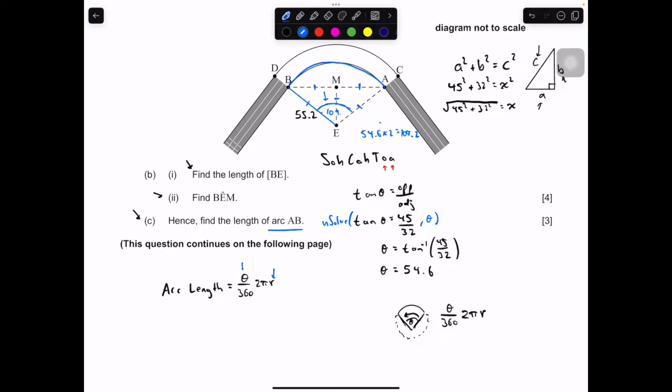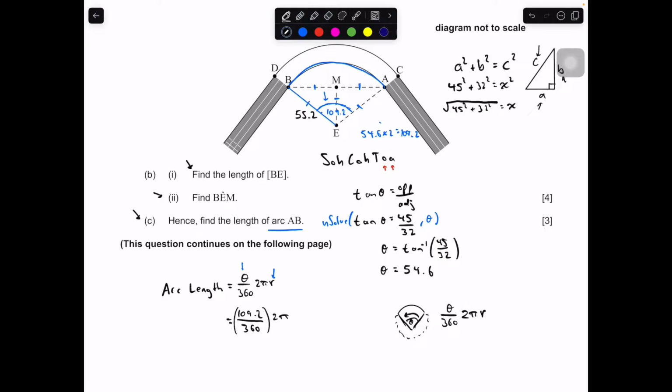So this whole angle that we sweep through is 109.2. So we've got 109.2 over 360. That's a portion of our circumference that we're dealing with. And then we want to multiply this by 2 pi, and then r.